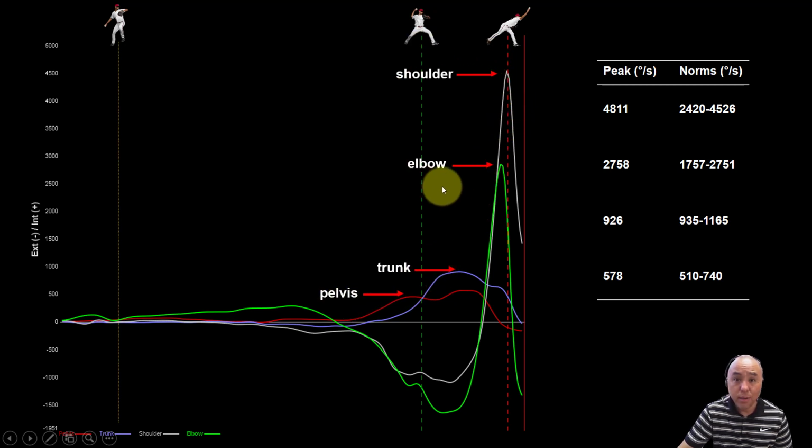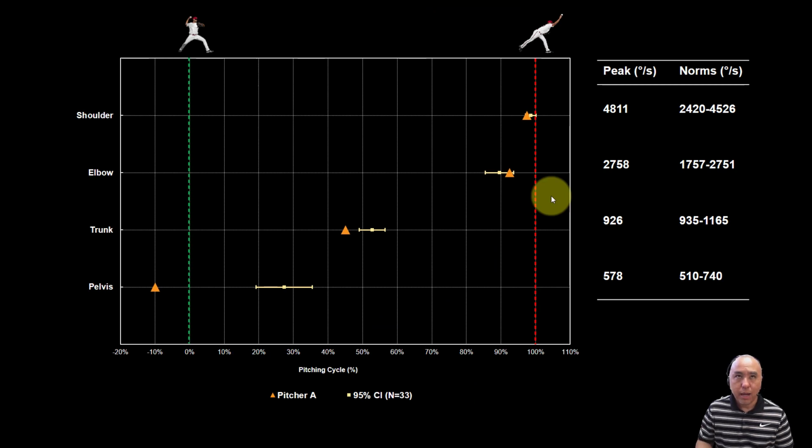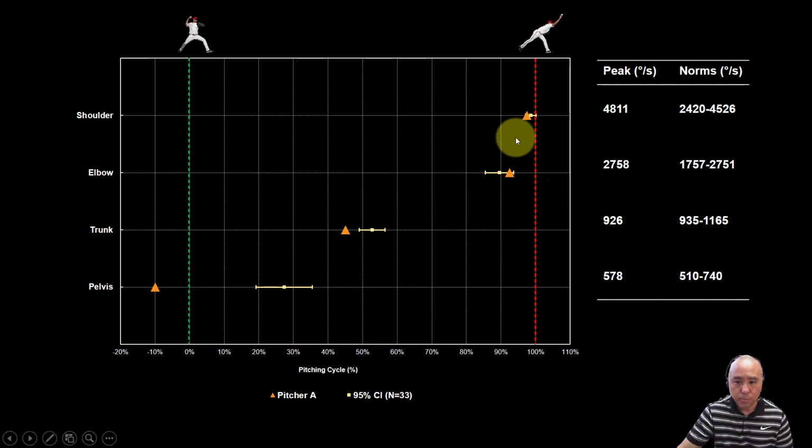The only caveat for baseball pitching is that elbow extension angular velocity actually peaks just before the shoulder peaks in internal rotation. What we believe is happening is that as the shoulder is internally rotating into ball release, the momentum generated from that motion itself passively extends the elbow, where it peaks just right before, we're talking a few milliseconds, before the shoulder reaches its peak rotation velocity at ball release.